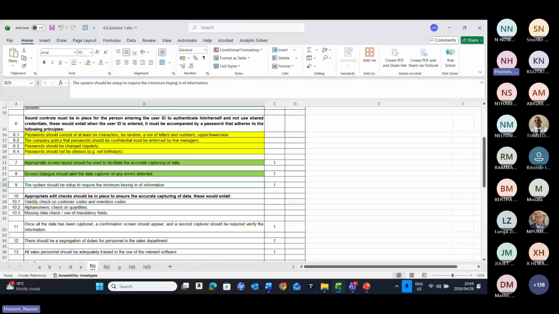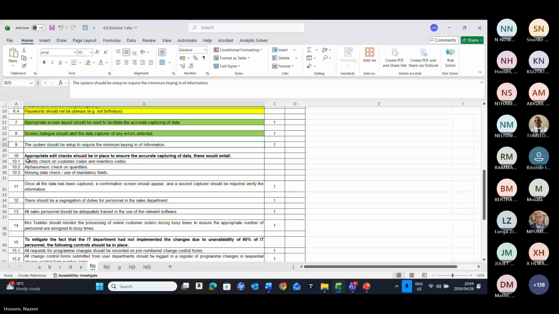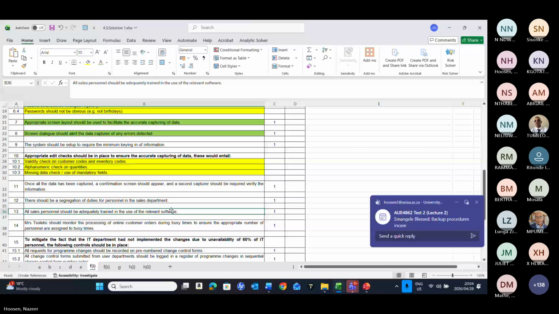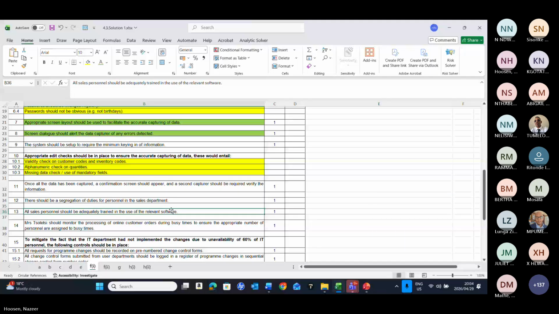What examples? These are called error checks.